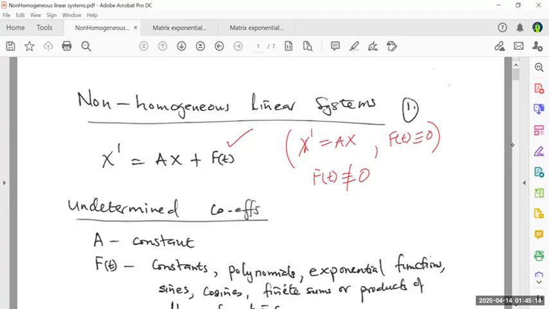So when we were dealing with first order, second order differential equations, non-homogeneous systems, we would solve them, especially the second order differential equations, using the method of undetermined coefficients.